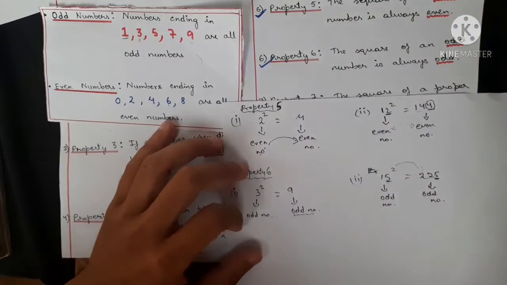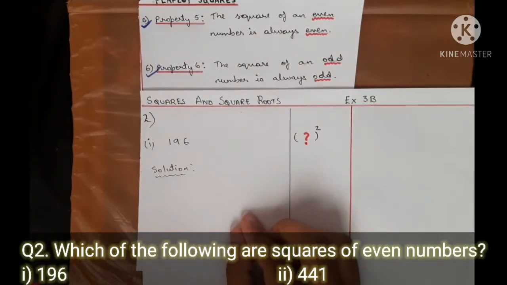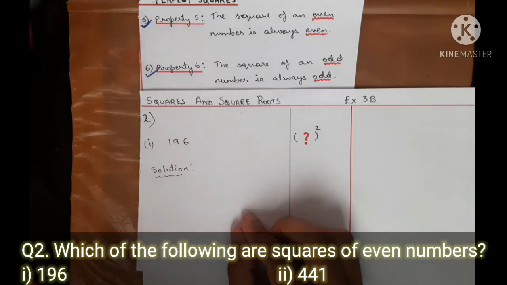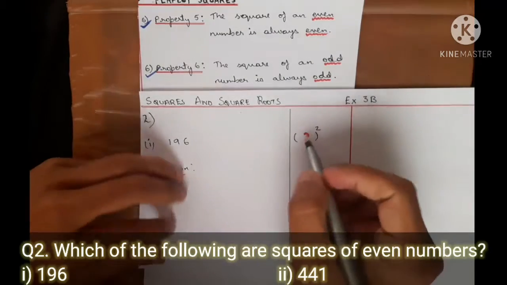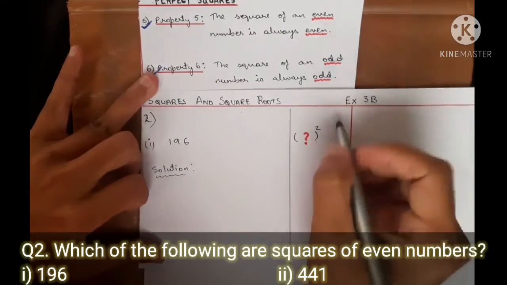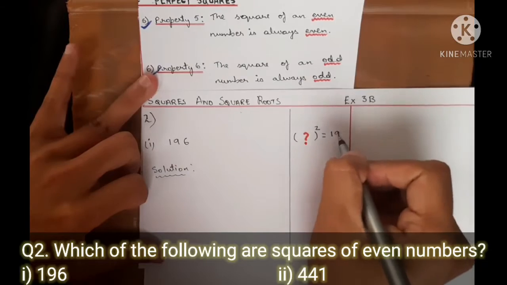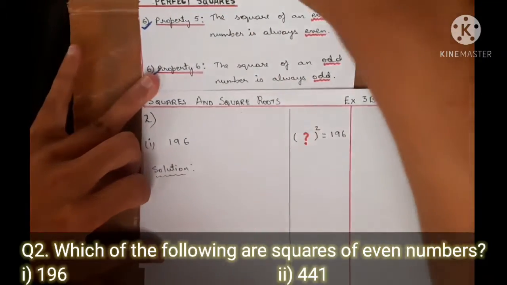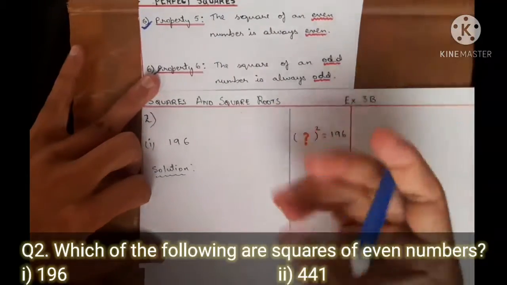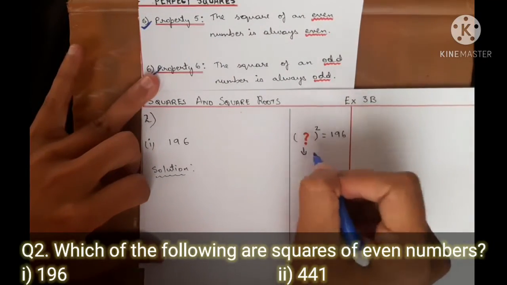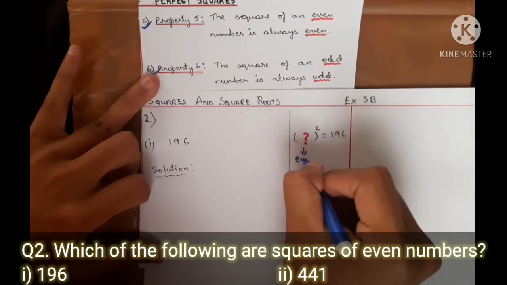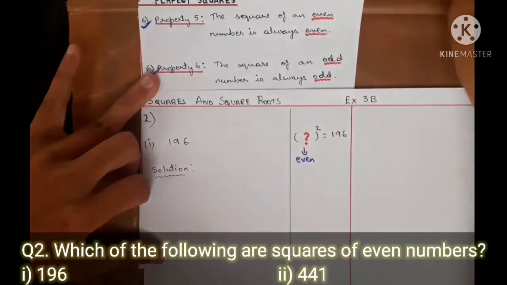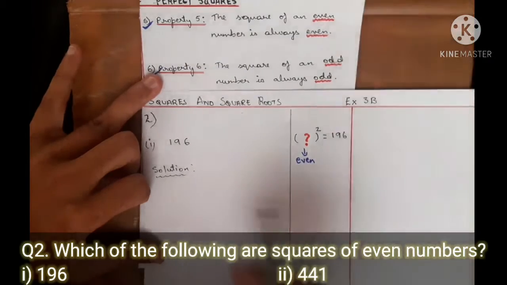So let us do the exercise. Let us do question number 2. Which of the following are squares of even numbers? Question number 1, 196. Here we have to find a number such that when we square it we get 196, and prove whether this number is even.